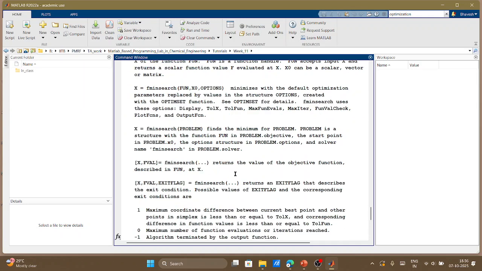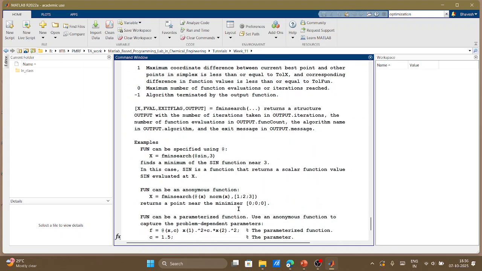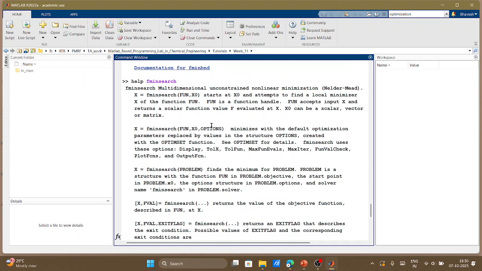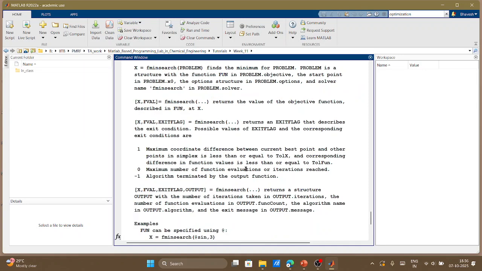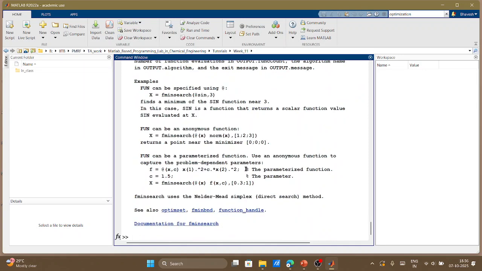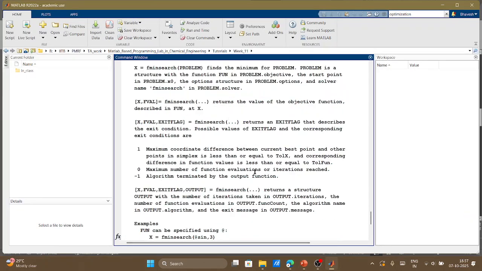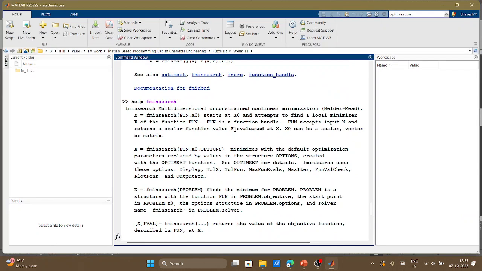Here what further you can add to this is that it's a multivariable unconstrained nonlinear minimization, the Nelder-Mead method. So it specifically uses this method. It's kind of similar to your fminunc. So it's an unconstrained multivariable optimization process, but it is based on a specific method, the Nelder-Mead method, right?